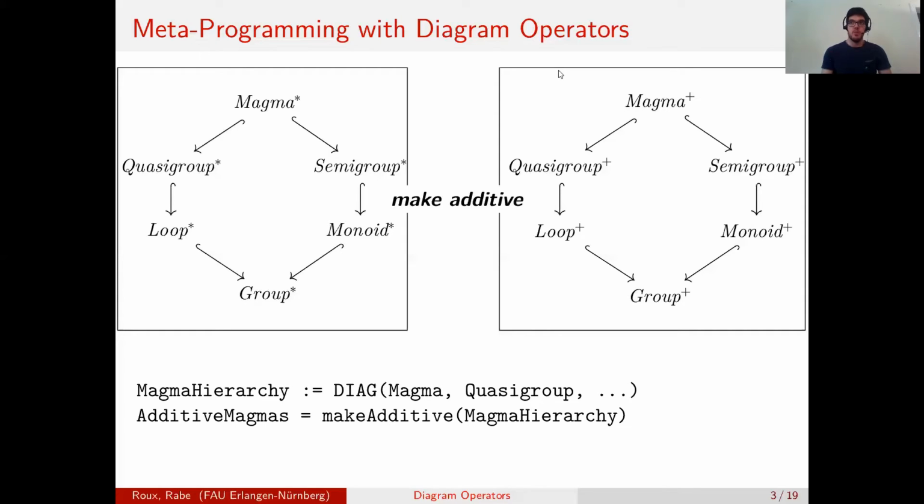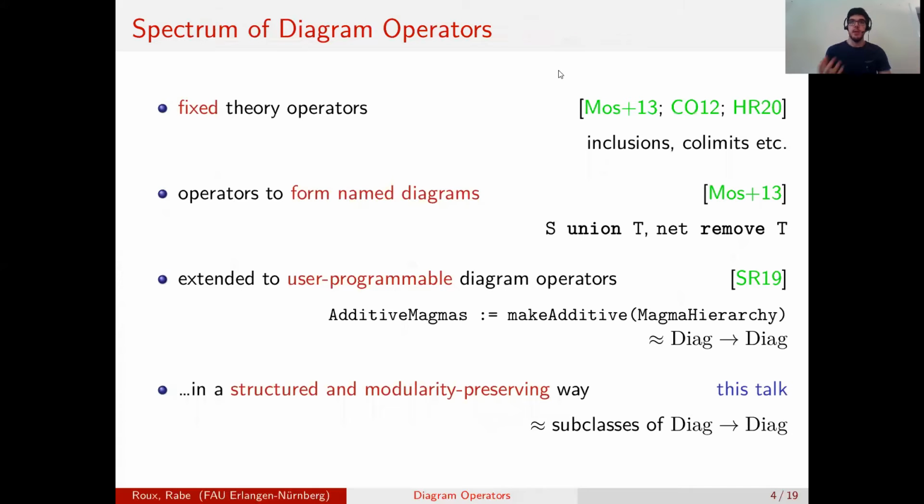Right. So having brought up that example, let's consider the spectrum of operators and how this talk fits into there. At first, you can start with fixed theory operators, considering inclusions, colimits such as unions, translation along single theory morphisms, and so on. Right, many languages have them. Then you can go over and consider diagrams to be part of the object language somehow.